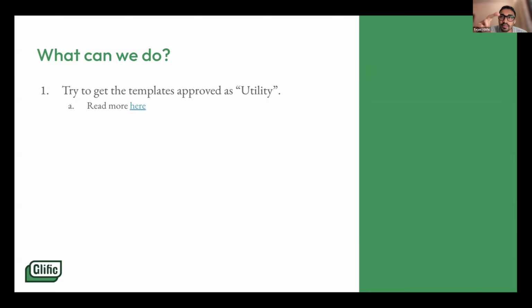Once you have used it, because the message is not changing a lot, the chances of it getting recategorized after use are less. So this is the second emerging thought process that we're observing. So that's something that we can do.